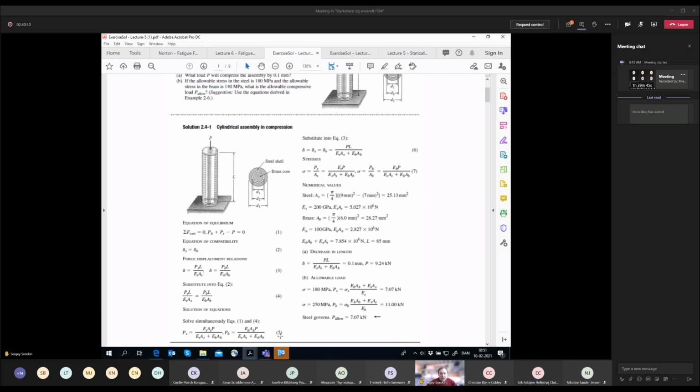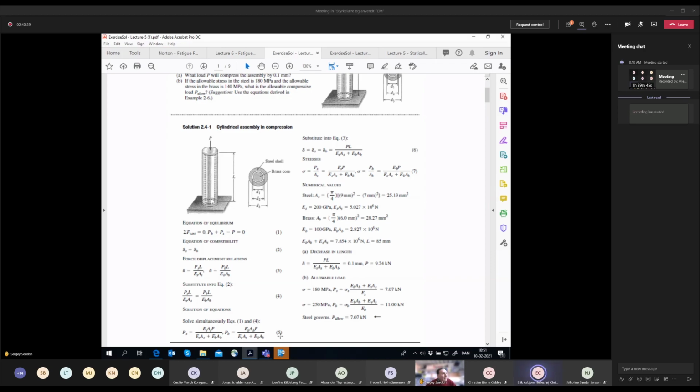And then it will immediately remove your confusion with the multiplication of Young's modulus times force. Because the true place for Young's modulus is in the denominator. And then you have just AS plus EB over ES times AB. You see my point?